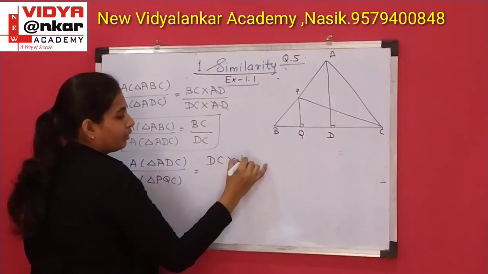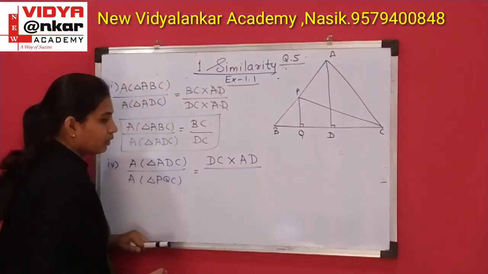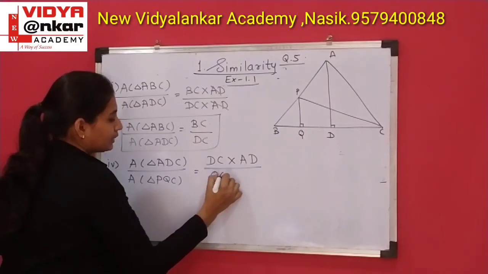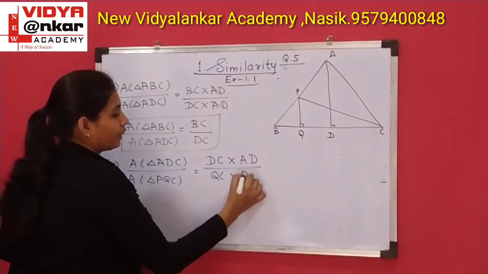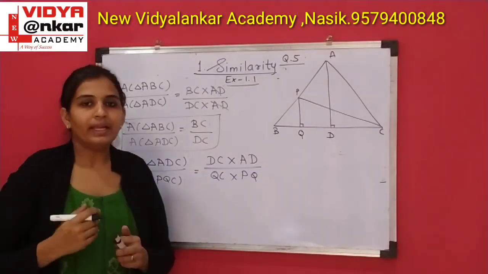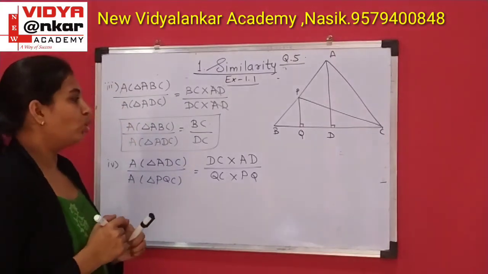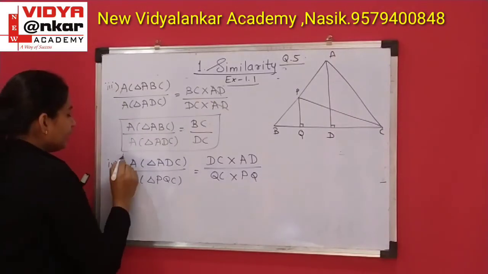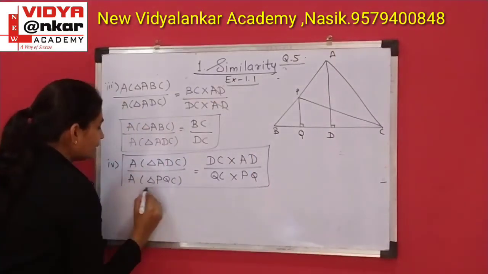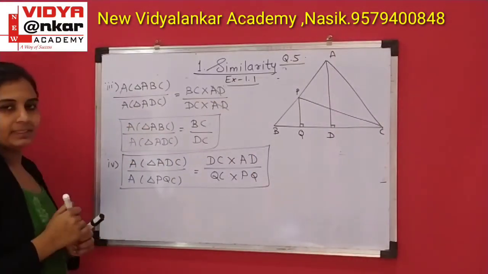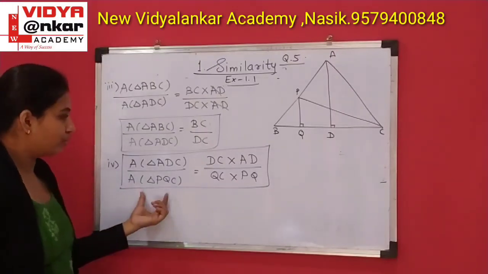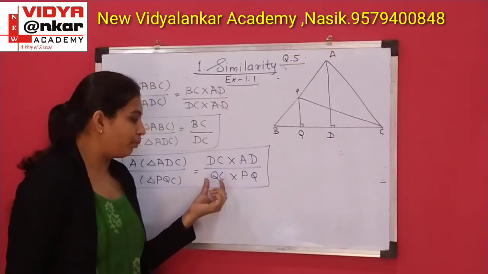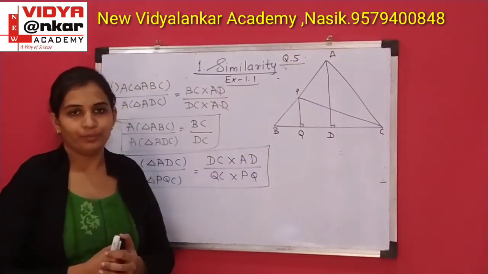So we can write DC into AD upon, for triangle PQC, base is QC and height is PQ. Now, in those triangles, there is no common base or height. So the answer will remain as it is. Area of triangle ADC upon area of triangle PQC is equal to DC into AD upon QC into PQ.